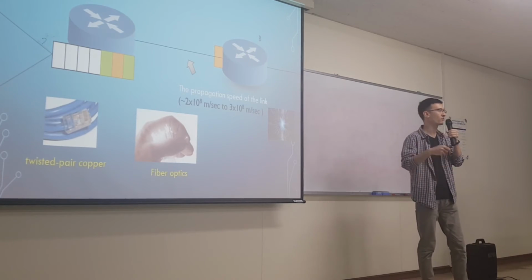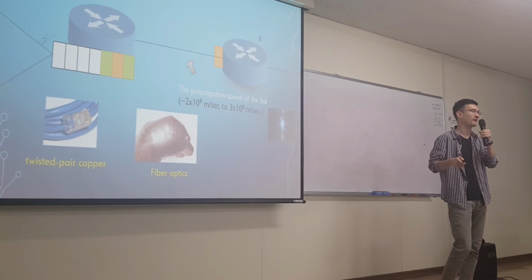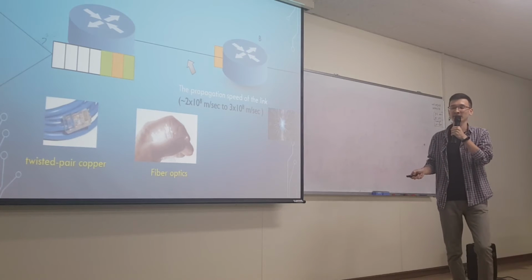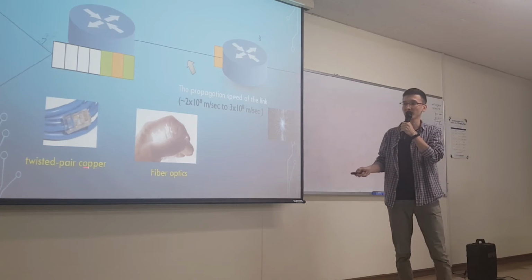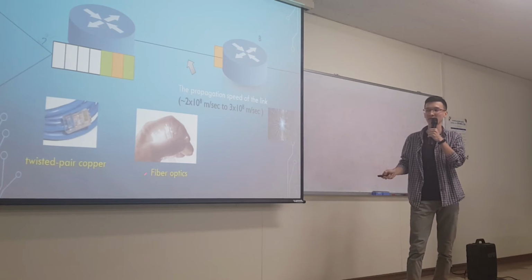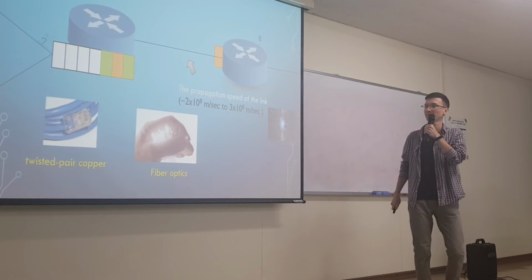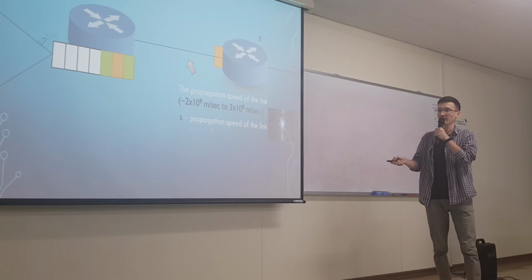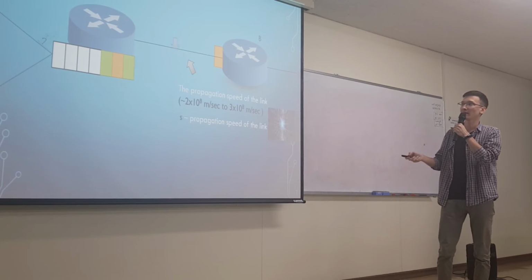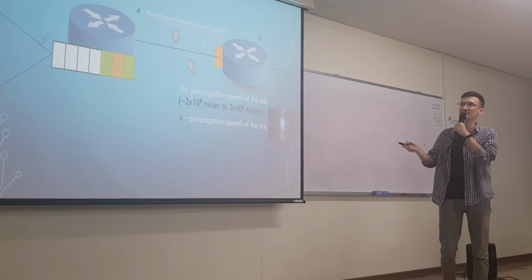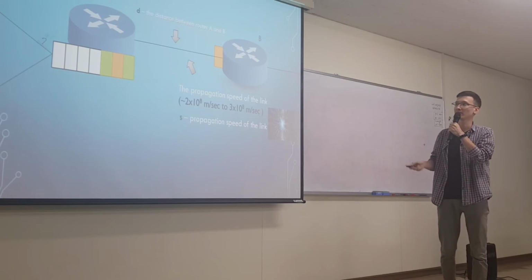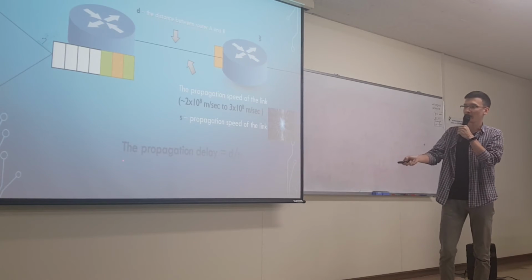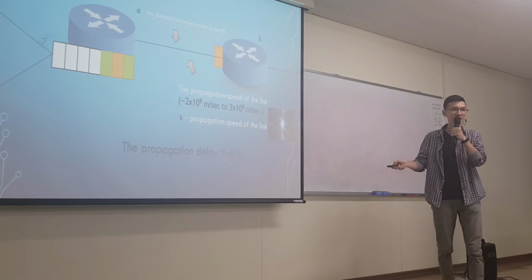It is about equal to the speed of light. The speed also depends on whether our link is twisted pair copper or fiber optics and others. Let's consider S as the propagation speed of the link, and D the distance between router A and B. So in this case, the propagation delay would be D divided by S.